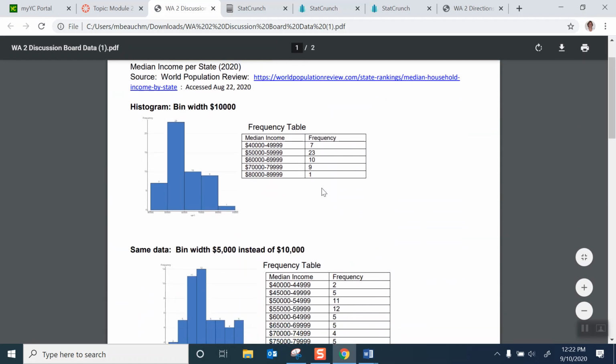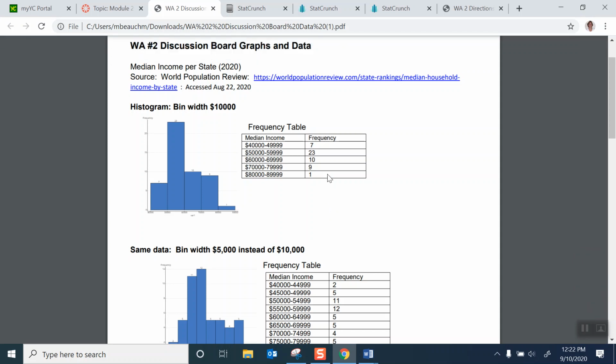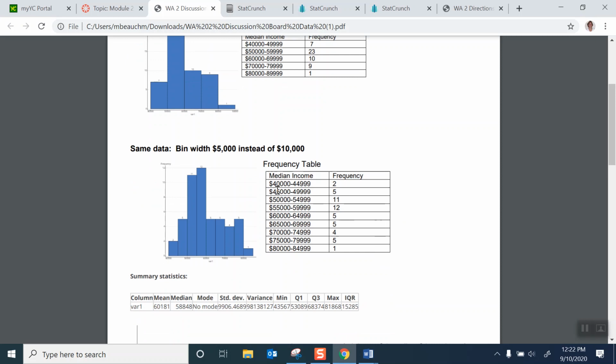I copied and pasted into StatCrunch and did just what we did in the technology lab. So the first graph is using 5 classes, and then the second graph, I just wanted to know, well, what happens if I use class sizes of 5,000 instead of 10,000? I've got a lot more bars. It's still within the 5 to 10 limit.